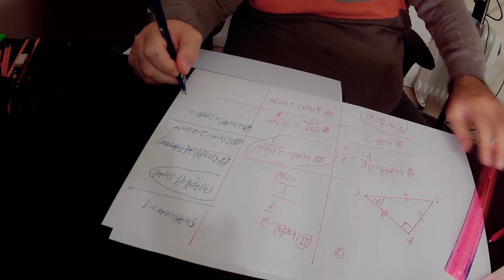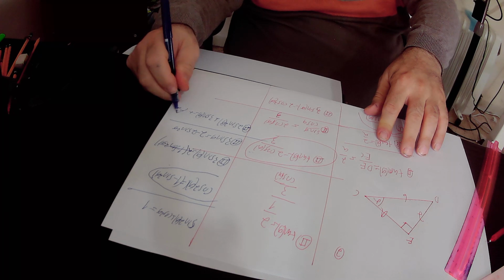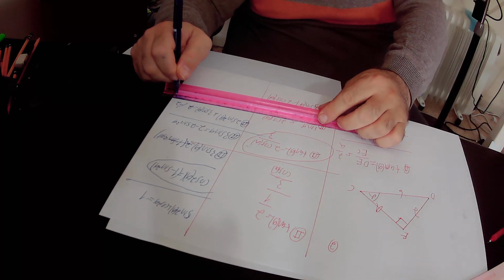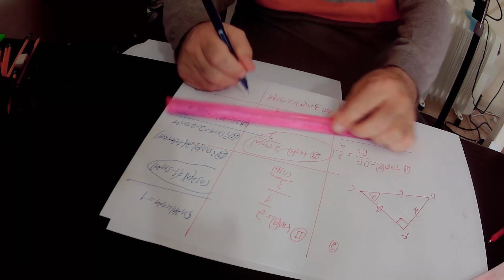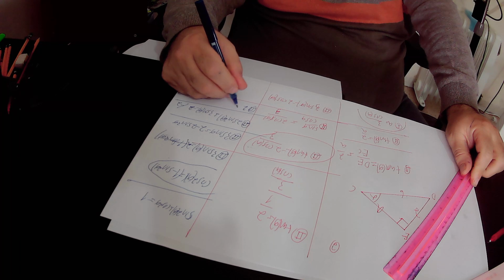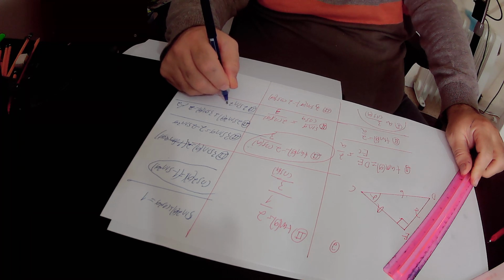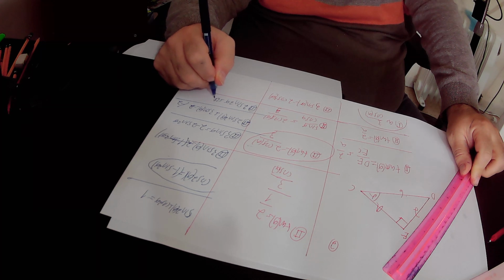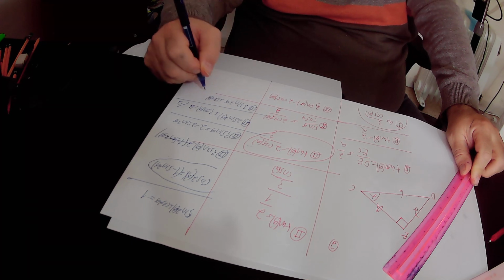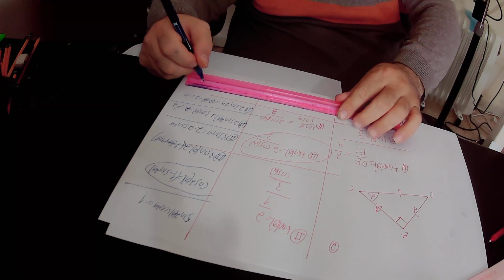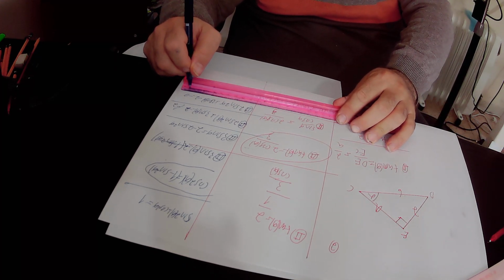Here we'll subtract 2 from this equation, and we get that according to equation number 2, 2 sine square alpha plus 3 sine alpha minus 2 equals 0. So here we have a quadratic equation.